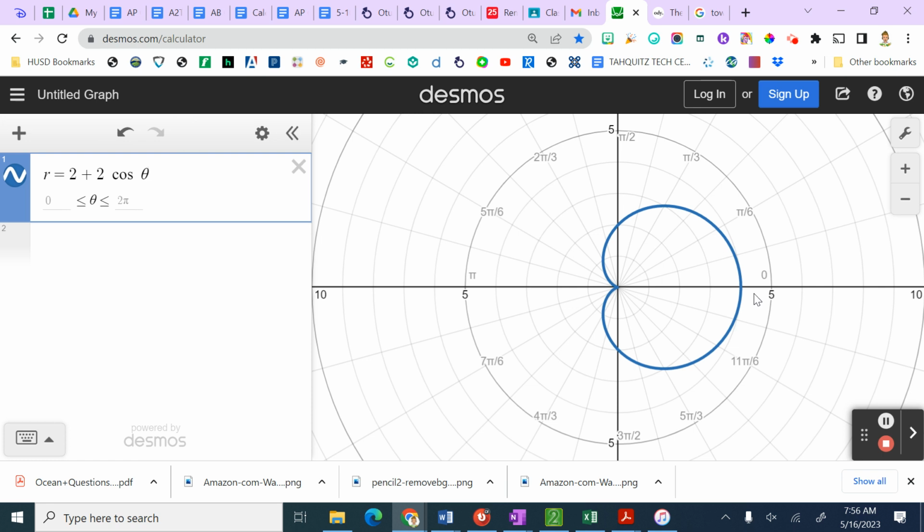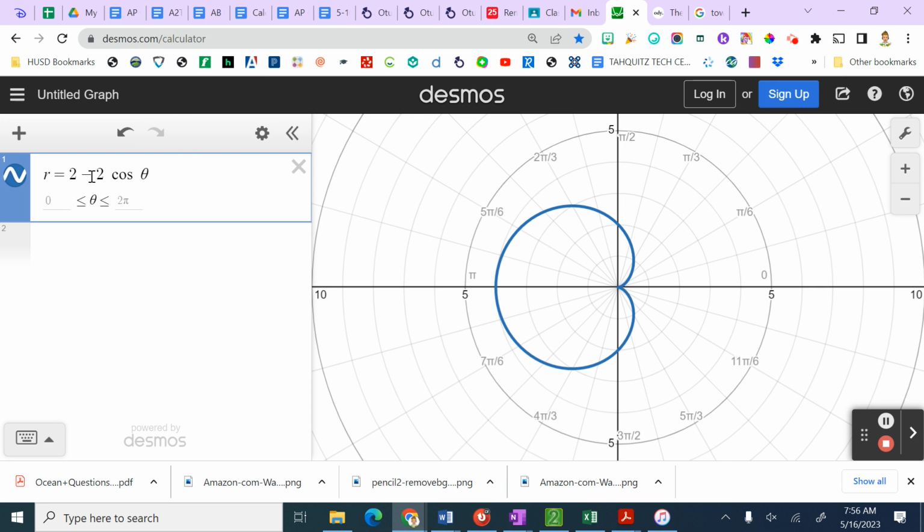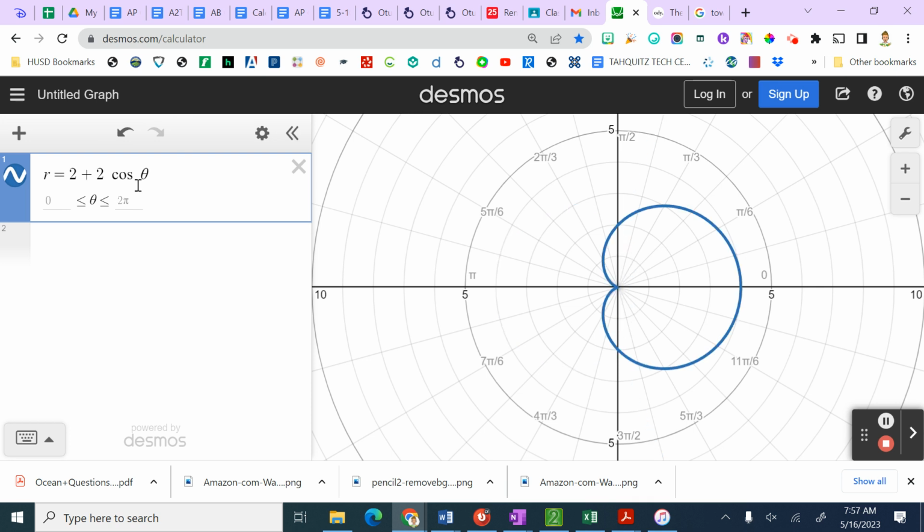Do you know how it went to the right instead of going to the left? Remember we talked about that? If I just did this, this isn't the picture that we have, just watch. If I went and switched that, look at what happened. Do you see how it went to the left? So all I literally have to do is change that sign and it determines if it's left or it's right. Okay, let's go ahead and plot that.